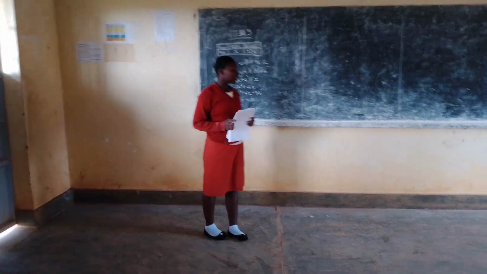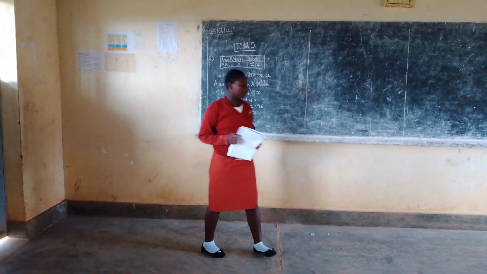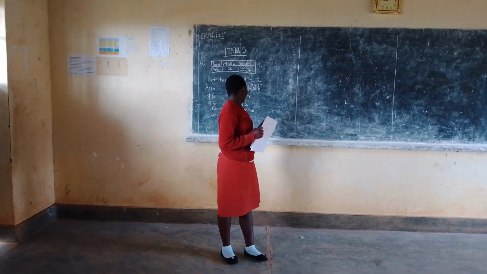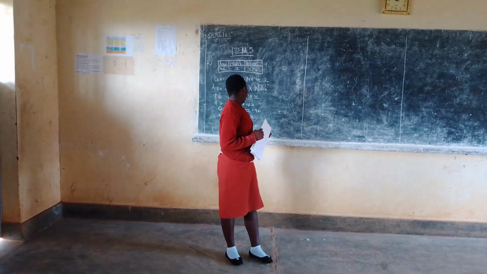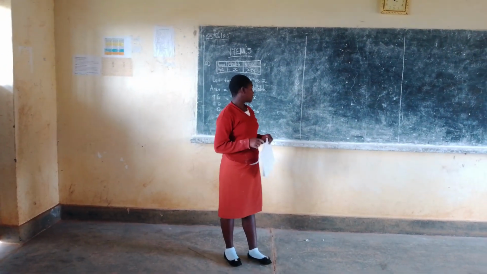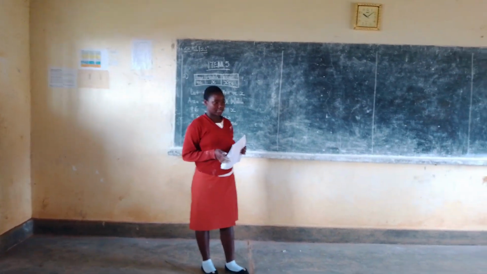So here we can use any method to solve this quadratic equation. We have the quadratic formula, the graphical method, and completing the square. So which one can we use?